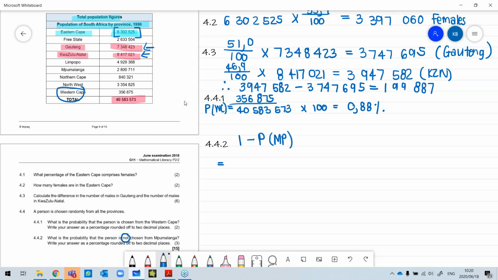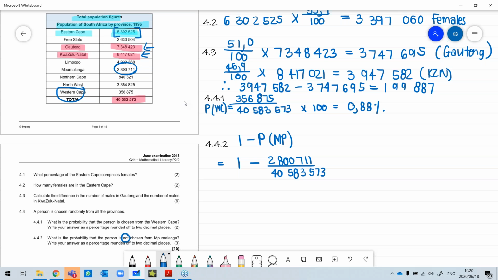Now we're going to say 1 minus, then the population for Mpumalanga is 2,800,711, and we put that over the total of all populations, which is 40,583,557. There we go.